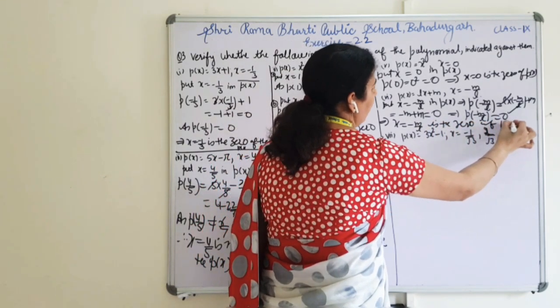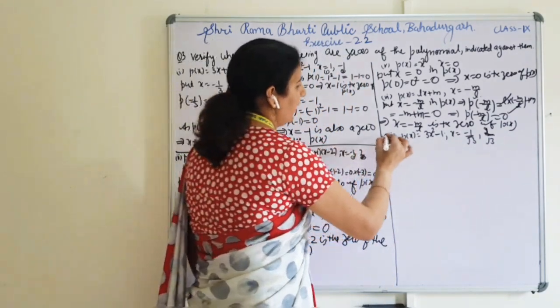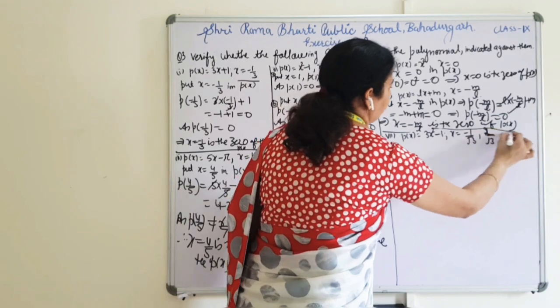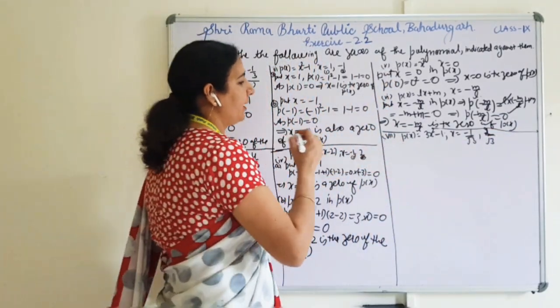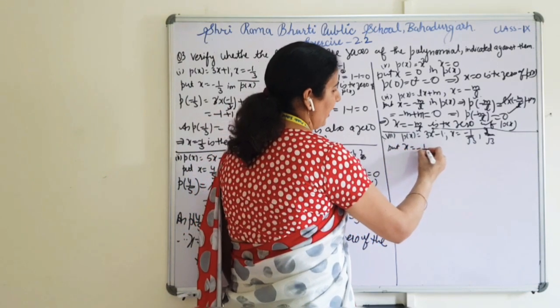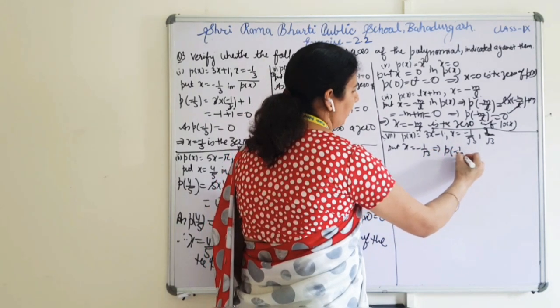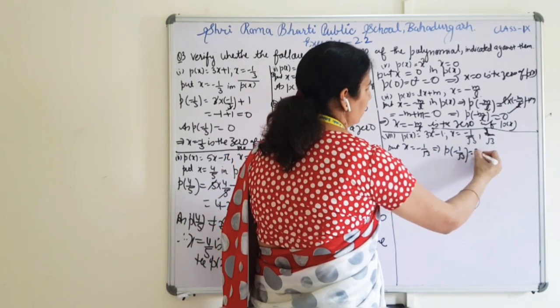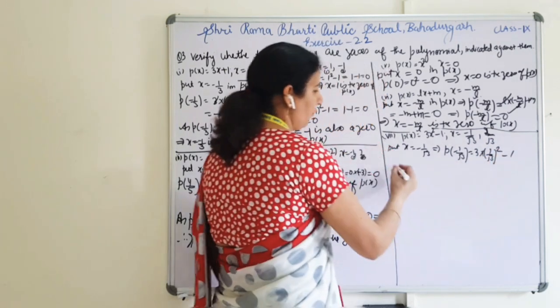Next part is, they have written the next part here. Seventh part is p(x) is equal to 3x square minus 1. Put a part is put x is equal to -1 upon under root 3. This implies p(-1/√3) is equal to 3 into (1/√3) whole square minus 1.